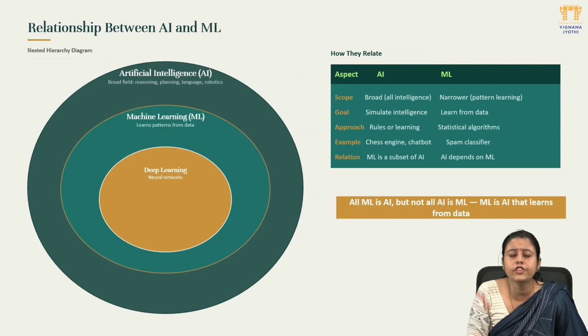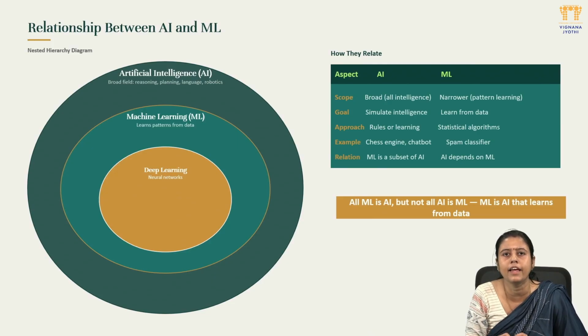Now, from artificial intelligence, how did machine learning derive? AI is a superset, and machine learning is a subset. AI is nothing but a broad field. It is about reasoning, planning, robotics, language processing, everything comes under AI.